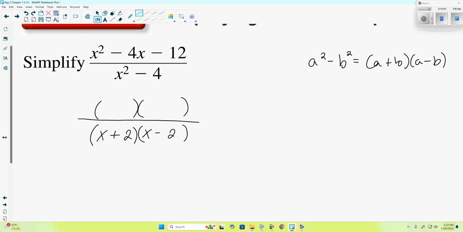Now let's see how this helps. So x squared minus 4x minus 12. The third term is negative, so the signs are opposite. One's going to be positive, one's going to be negative. Our factors of x squared are x and x. Factors of 12: 1 and 12.